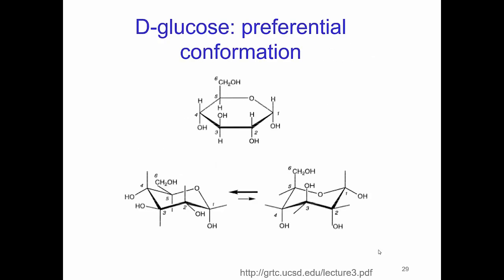D-glucose is, again, we draw it like this often, but really what it is, it has these two different type of chair conformations. As it turns out, one is preferred to the other. The one where this CH2OH is equatorial versus axial is preferred, but it can interchange between the two.